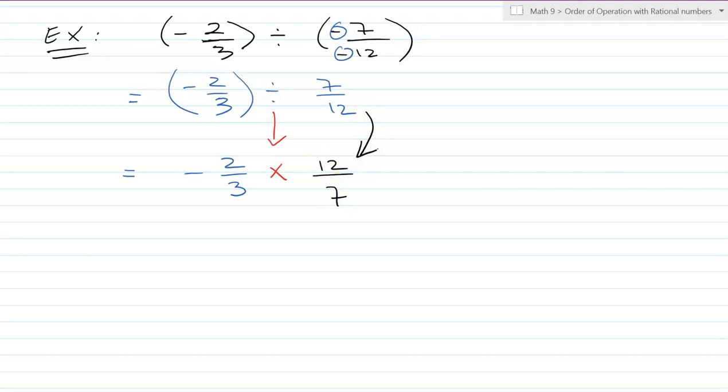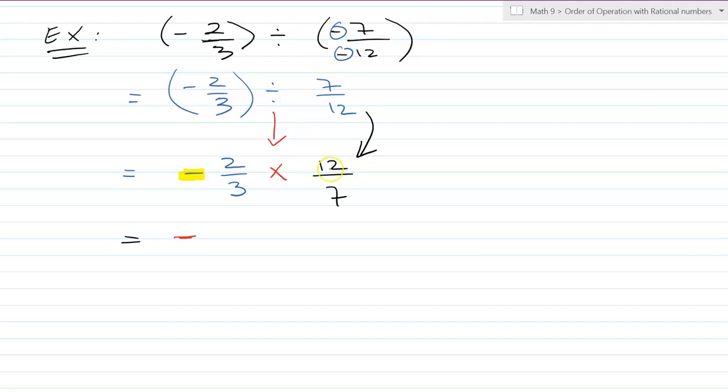That's the reciprocal. The final answer will end up being negative because this is a negative fraction and that is a positive fraction. Great. And now we can multiply the top, multiply the bottom. You can do that right away, or you can simplify before multiplying.